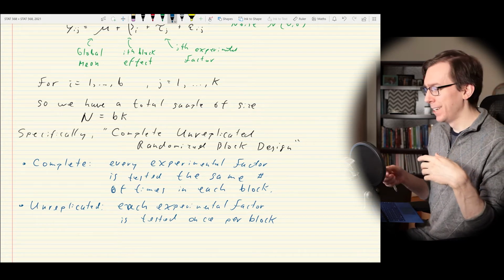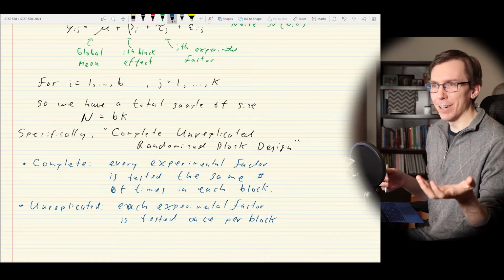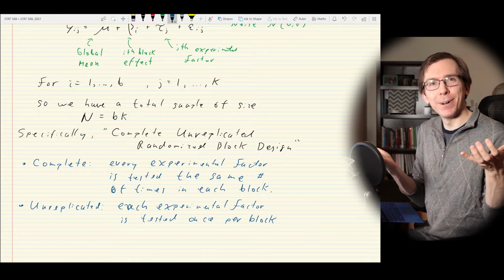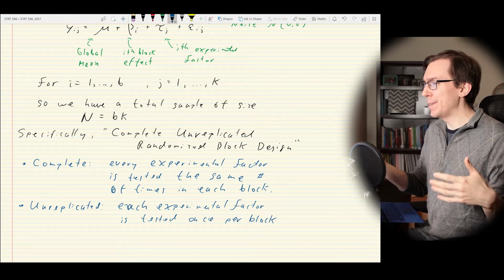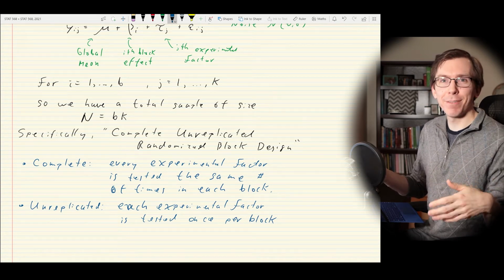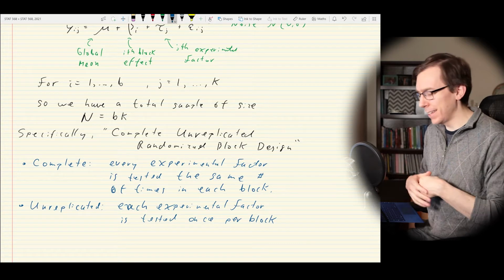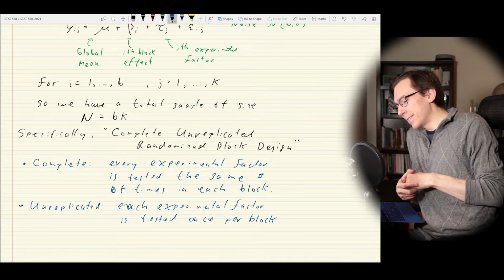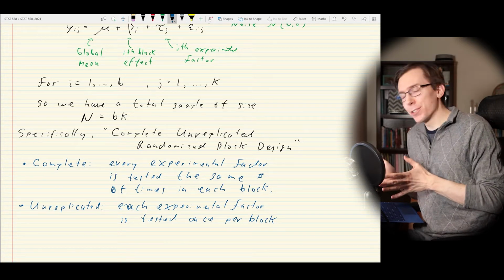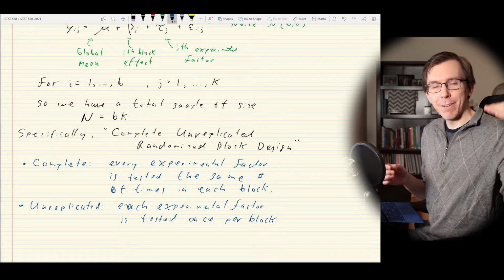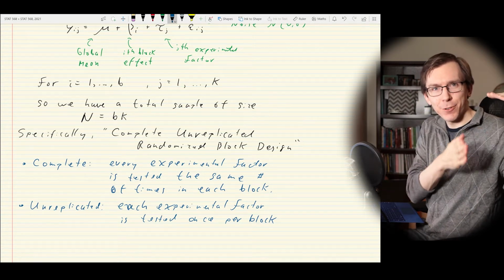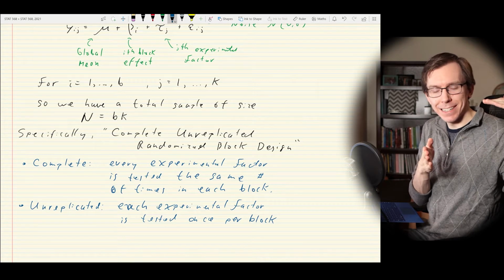We could have, instead of just a set of 3 smokers and 3 non-smokers, maybe 6 of each, or we could have 30 of each, and then we could test that. So we could replicate this a bit. But in this specific setup, we're just assuming that in every block, we see every treatment exactly once being tested.